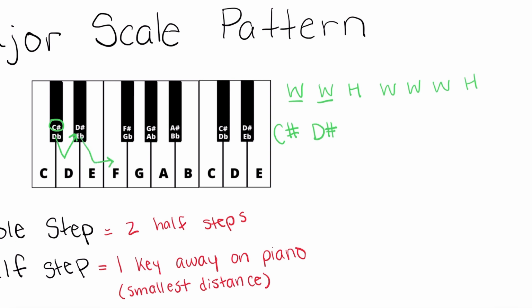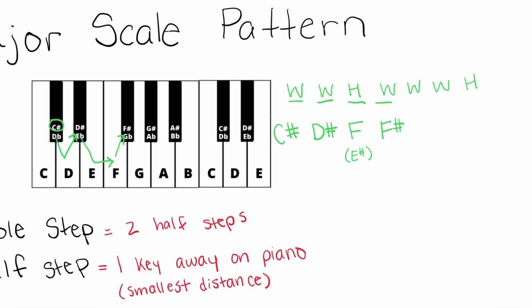Now we're at F. And sometimes we'll call this E sharp, just to put it in technical terms, but E sharp and F are the same note. From there, we need a half step, so we're going up 1 key. We're going to F sharp.